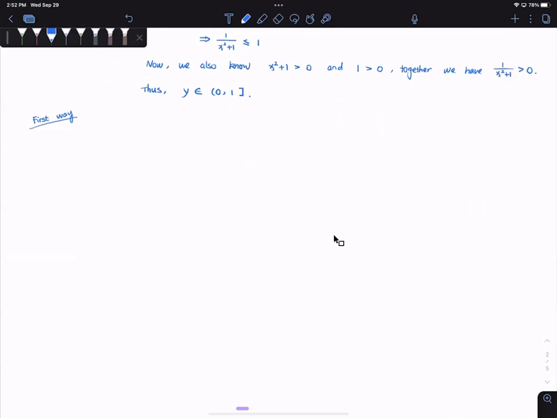So first way, you can use quadratic formula, but I'll tell you why. Just give me a minute. Let me write down. Assume that y is in this interval.